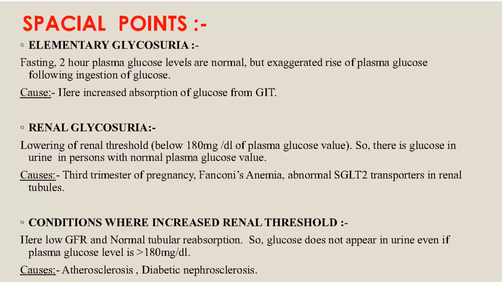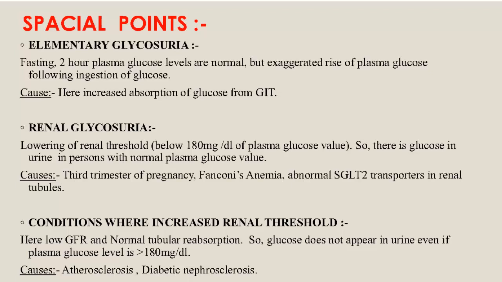Next point is the condition where there is increased renal threshold, that is just the opposite of renal glycosuria. Here the renal threshold is increased. In these conditions, low GFR and normal tubular reabsorption occur. So glucose does not appear in urine even if the plasma sugar level is more than 180 mg per dL.